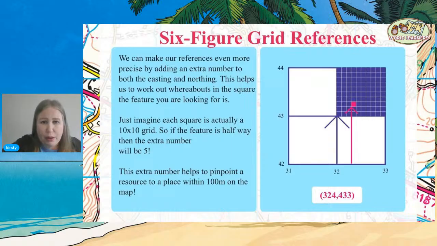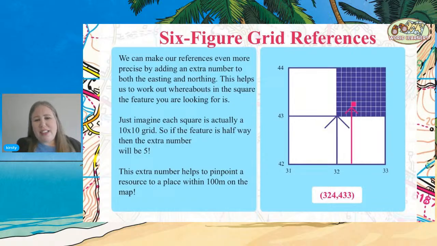So now we've got a tiny pink square to find within our darker blue square. Just imagine each square is actually its own grid of 10 by 10. So if the feature, let's say we're finding a fun fair or a theme park, is halfway, then the extra number will be 5.